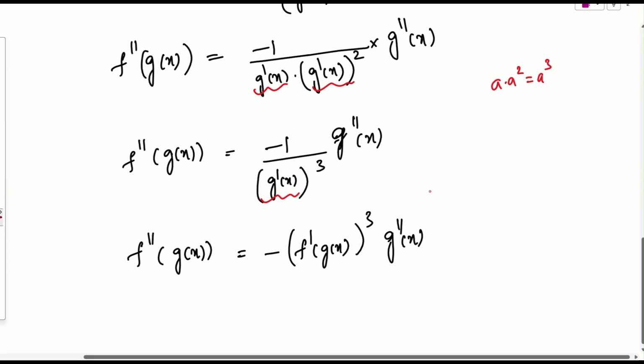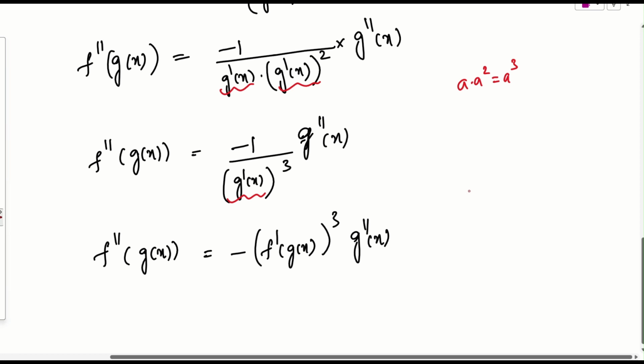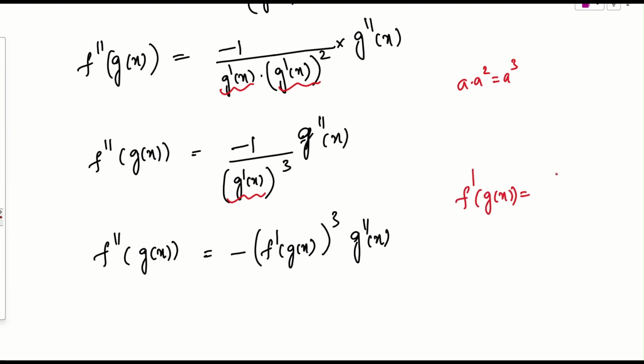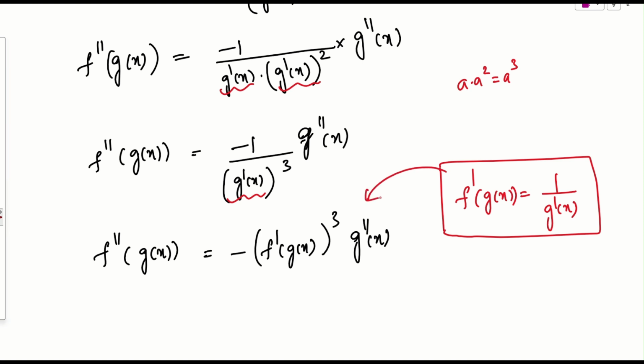Is it okay? Yes. If you feel some confusion, I'll help you with that. We have f dash of g of x is nothing but 1 by g dash of x. This is what we have from the above conclusions. So this is what I have substituted, here, this one. Is it okay? Yes. So what do we want? That's all.